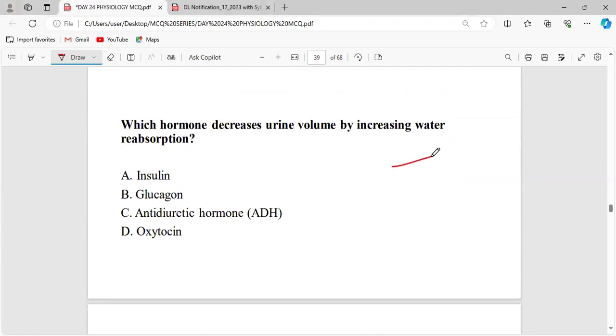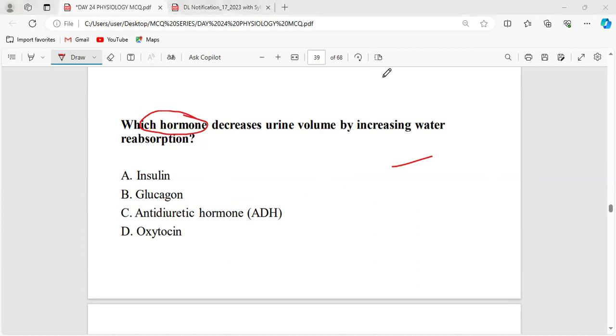Now, which hormone decreases urine volume by increasing water reabsorption? Which hormone? And what is the other name of antidiuretic hormone?